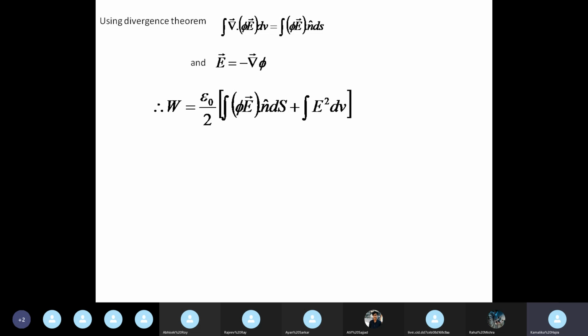If you include all available space in the universe, then the contribution of the surface term becomes zero. And then you can write W equal to epsilon naught by 2 integration E square dv, where this integration extends over all space, not just a finite volume, but over all space.